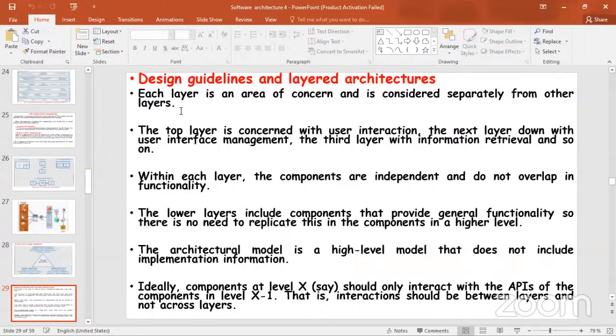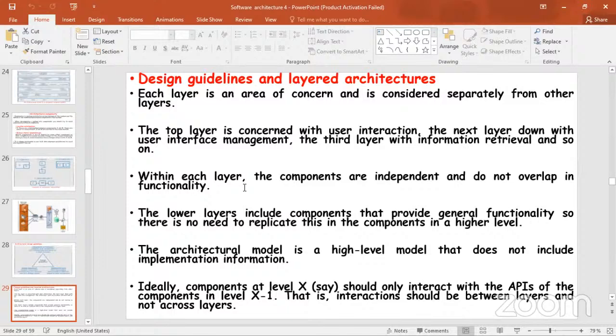So you group those who are similar. You group the male different from the female. Now, the top layer is concerned with user interaction. The next layer down with user interface management. The third layer with information retrieval and so on.